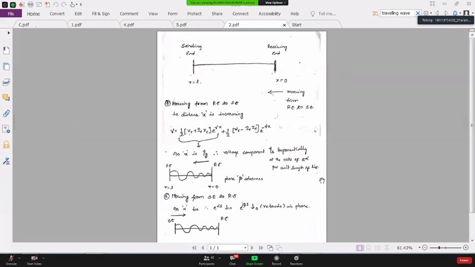Now we are coming from the other way, from the sending end to the receiving end. From the waveform we have got from the previous one, we can say that the magnitude will decrease as it propagates towards the receiving end.